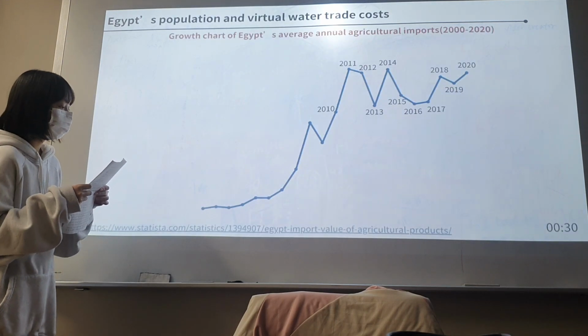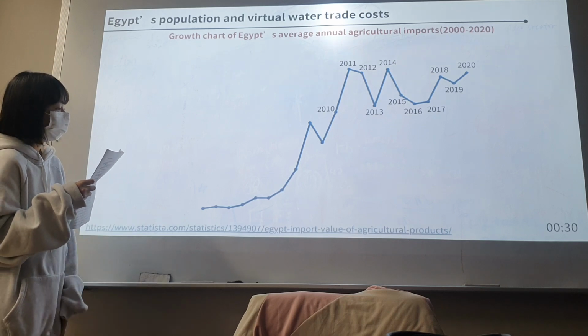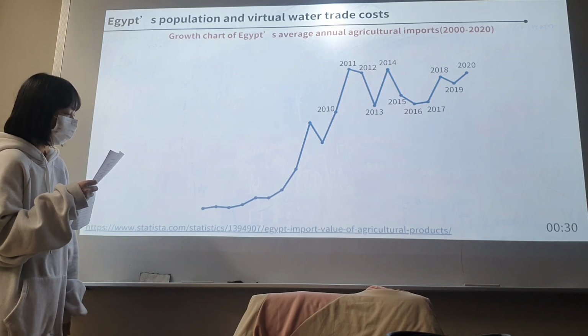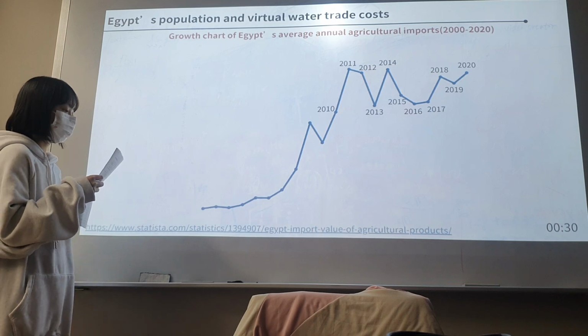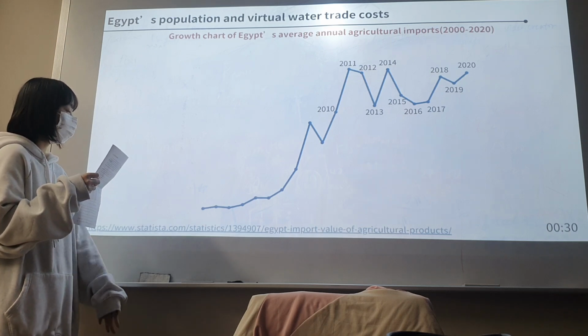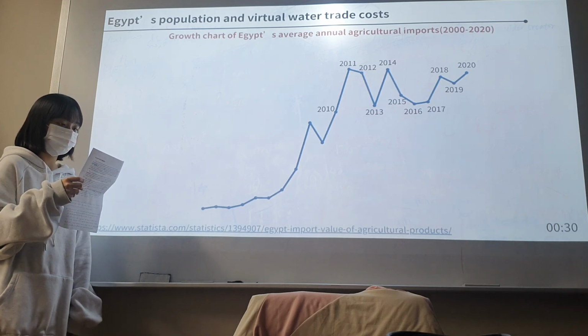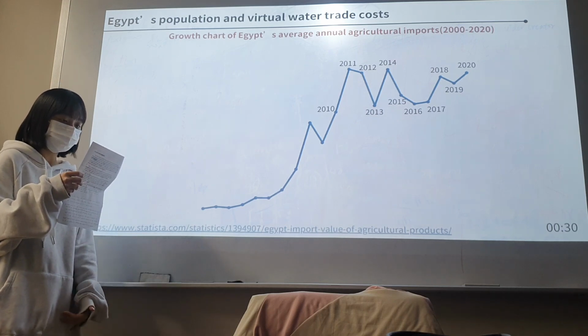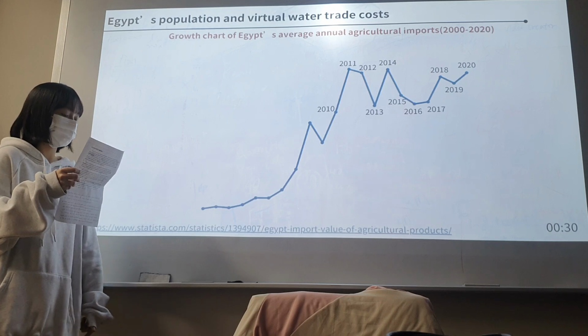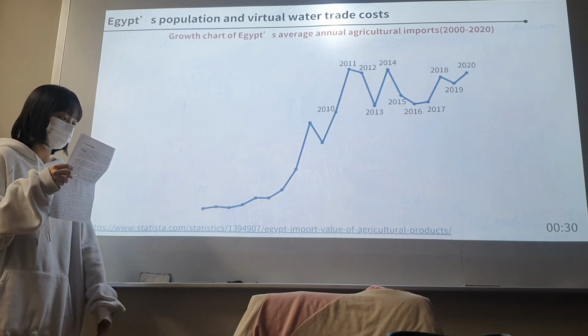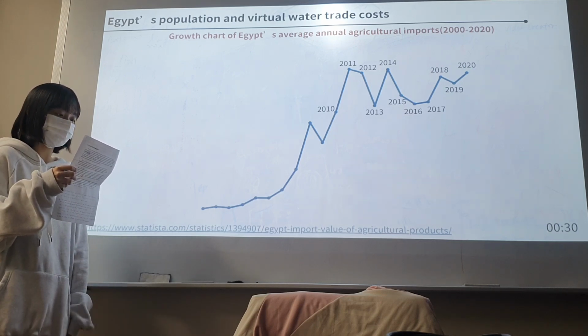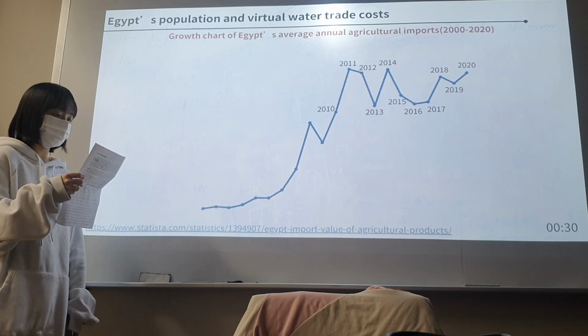We can see that the total price of imported agricultural products in the chart is getting higher, which means that Egypt's water resources are becoming increasingly insufficient, and it needs to import more virtual water trade products.